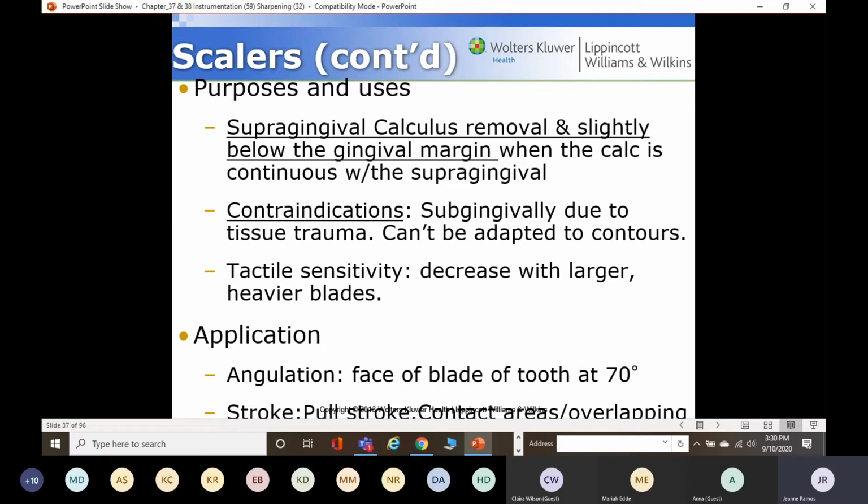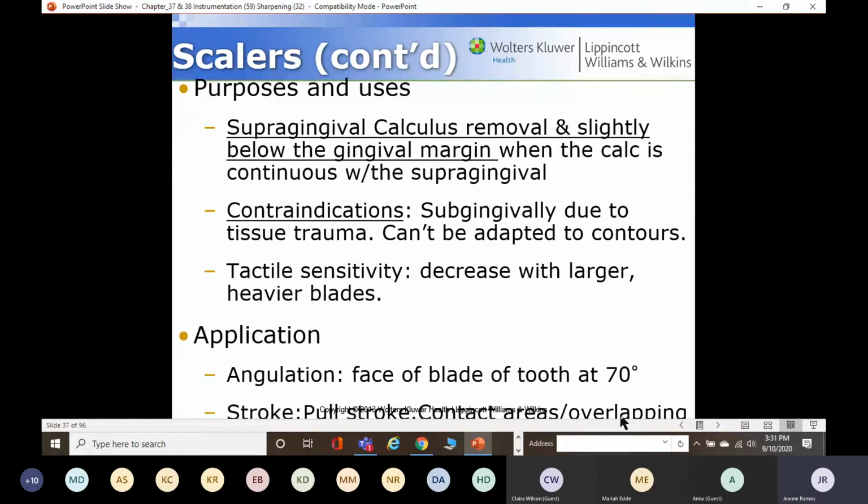Tactile sensitivity decreases with larger, heavier blades and a stronger hold. Angulation: the face of the blade to the tooth is at a 70-degree angle. So when you take an instrument down underneath and then you open it up, it should be at that 70 degrees, the face to the tooth.